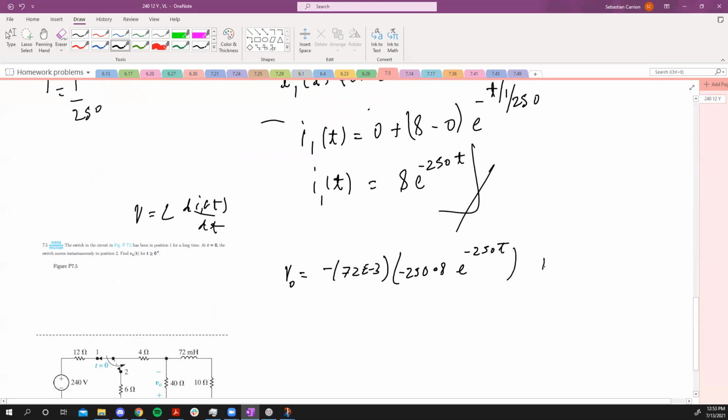And then we would add this. We would add this, and we would say 10 times 8 e to the negative 250 t.